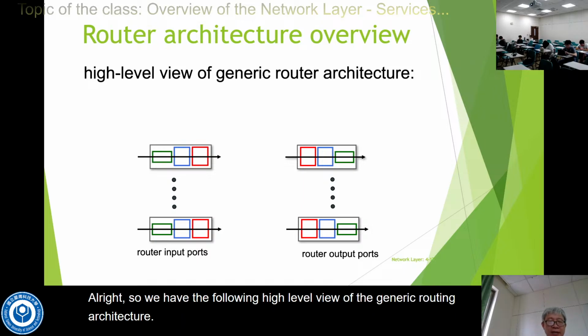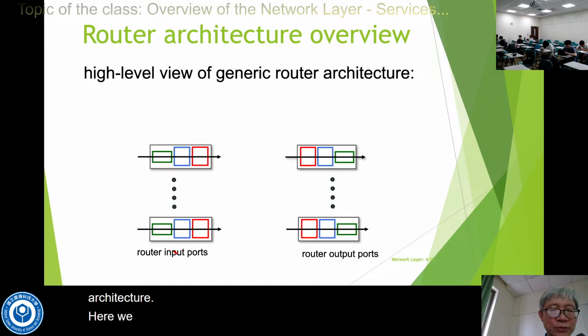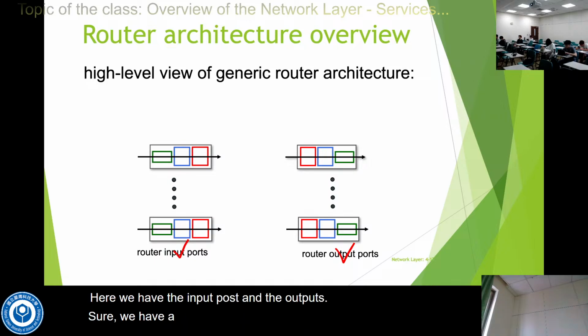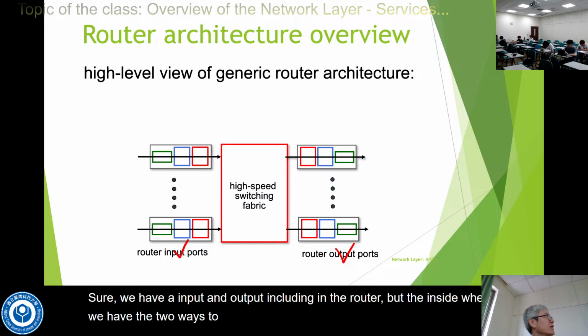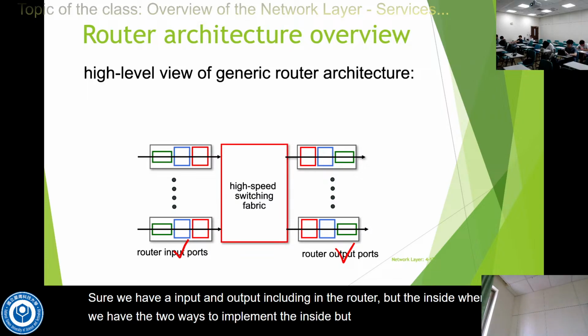Here we have the input ports and output ports. Well, sure, we have input port and output port included in the router, but what's inside? Well, we have two ways to implement the inside, but currently we have the general description.